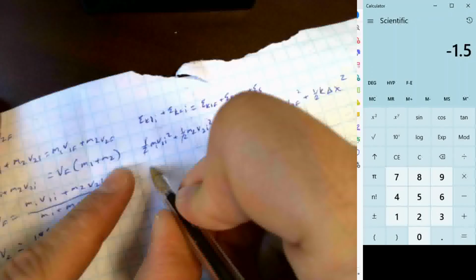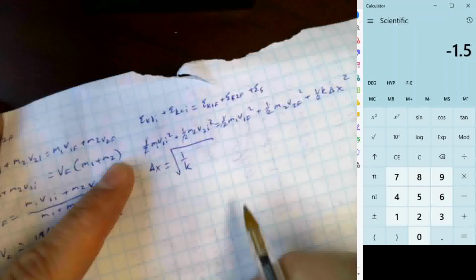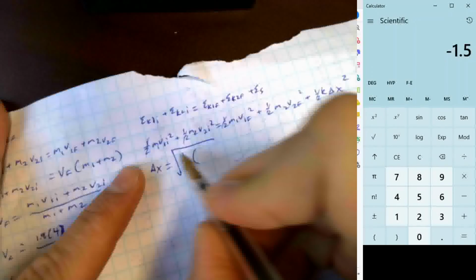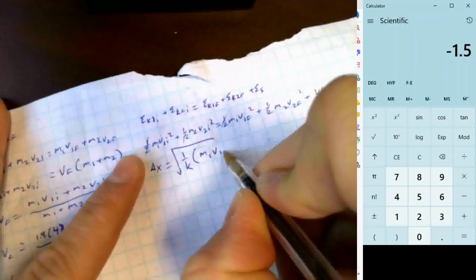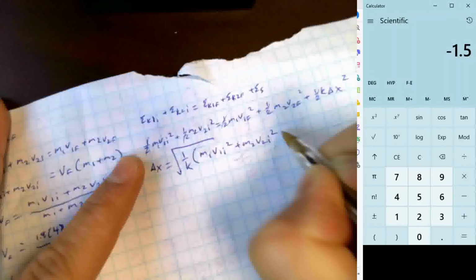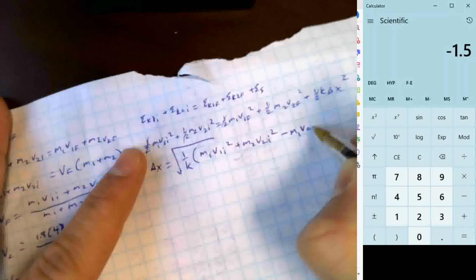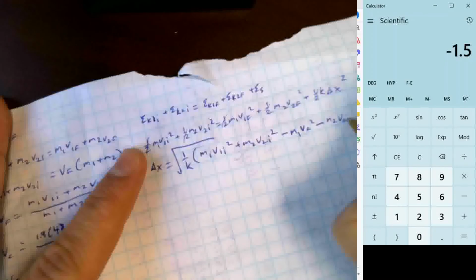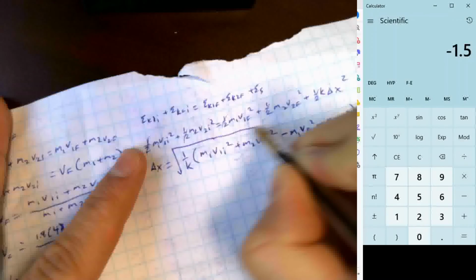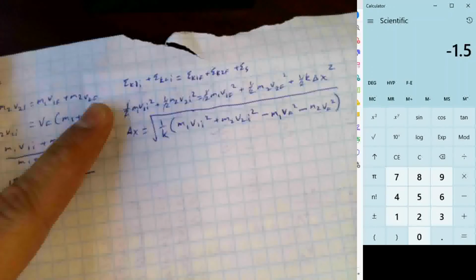So delta x equals 1 over k, and this is going to be the square root of, bracket, what's over here, which is m1 v1I squared plus m2 v2I squared, those two values, minus this value here, which is m1 vf squared minus m2 vf squared. And substituting this, let's write down all the values.